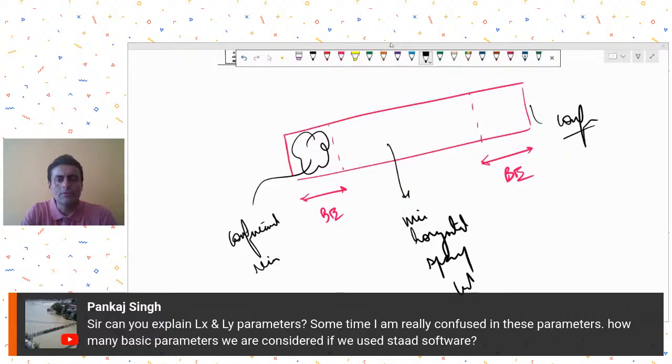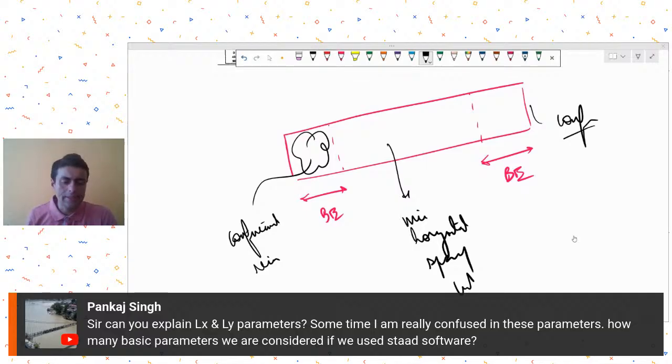In our steel courses, we have discussed in the basic steel course that we have conducted, we have discussed these LX, LY, LZ parameters in great detail. So I would suggest that you should take that course. It will really help you in understanding all these parameters. So if you have any specific doubt related to it, just ask it over here. Otherwise, you could watch some YouTube videos or join our course. I think that will really help you.